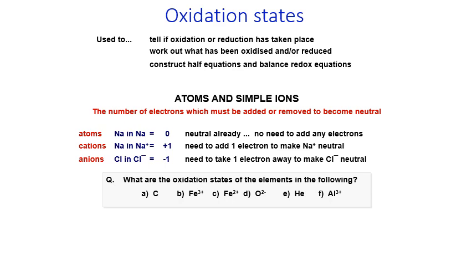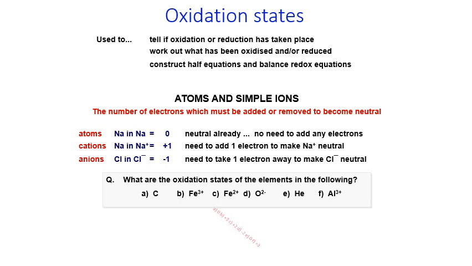Because you have to take 1 electron to make chloride neutral. So for cations, it's the charge. For anions, it's the charge. Simples. So let's see if we can work out the oxidation states for the following elements below. Carbon, iron 3+, iron 2+, oxide, helium, and aluminium 3+.